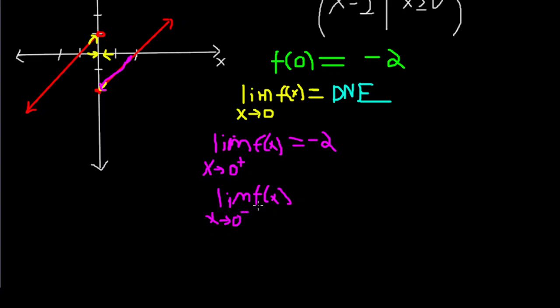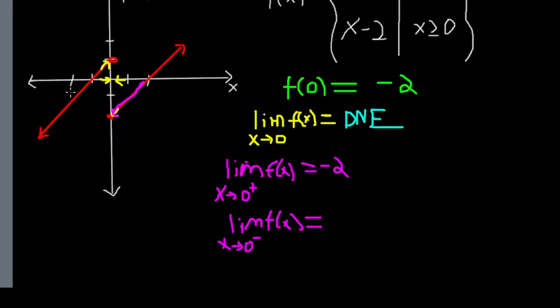That just means x is a little bit less than 0, and we're approaching 0 from the left, or the negative direction. So we're just going to go to the left, then we're going to go to 0, and that's our value, 1.